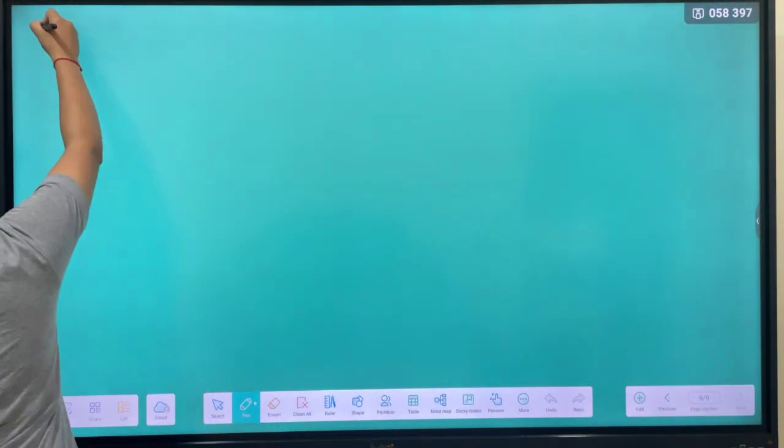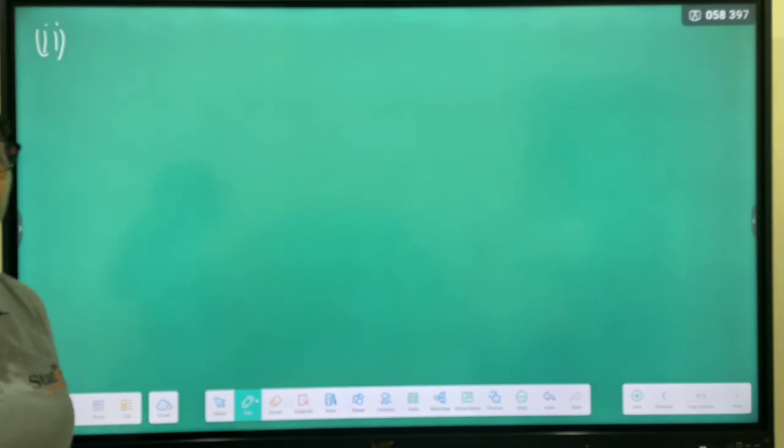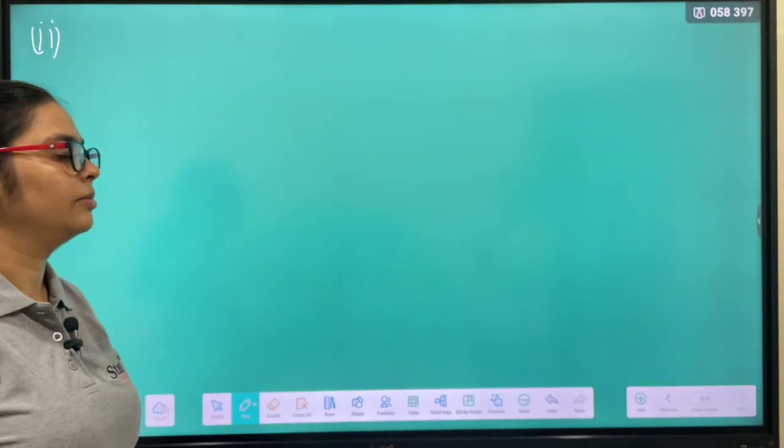Now moving on to the second part of the question, which says that we have to find the variance covariance matrix of beta naught and beta 1 and then find its determinant.